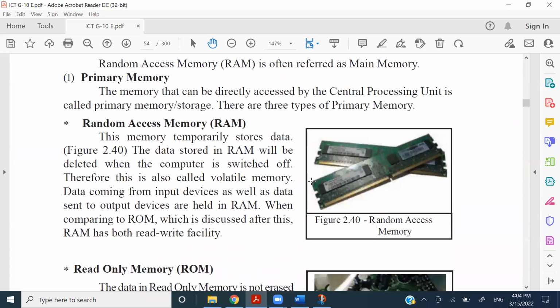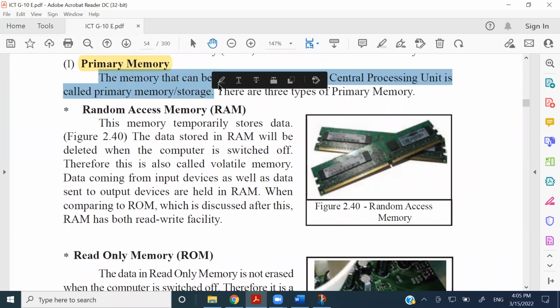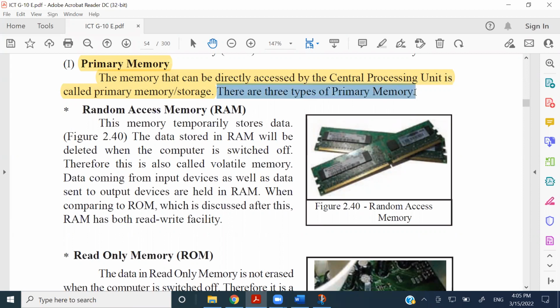So yeah, let's shortly write about the primary memory. So I have the subheading primary memory. And it's better you say this as well, because it says there are 3 types of primary memories.